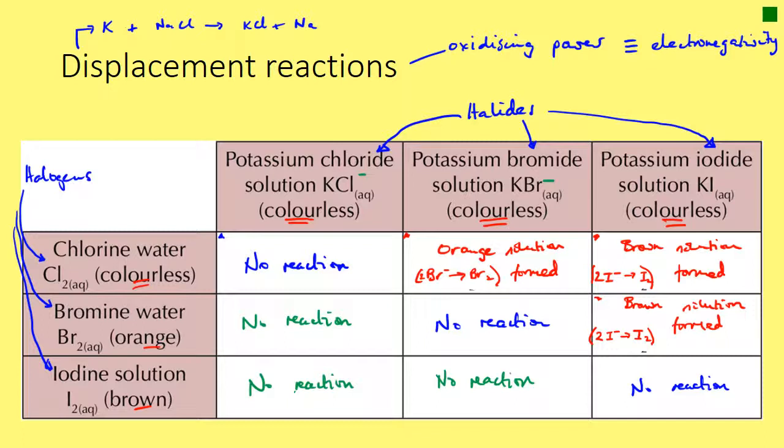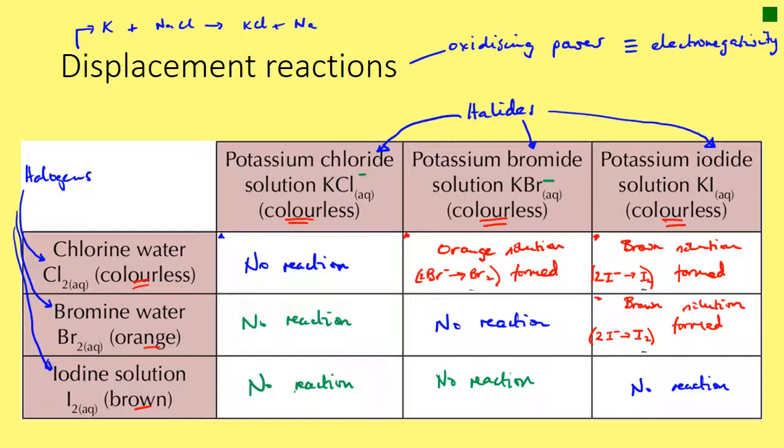So the chlorine is going to displace the iodide from potassium iodide and form potassium chloride, and the iodide is going to be chucked out of the compound and will have to form the element iodine instead, I2, which is brown when it's in solution.